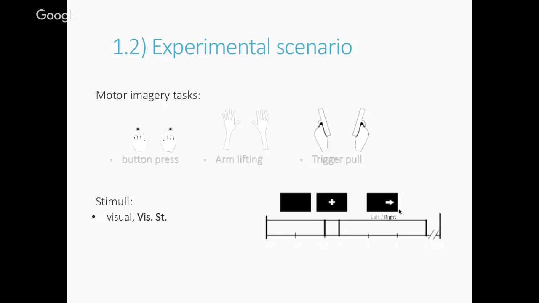These were investigated separately. Visual stimuli, as it can be shown here with the visual arrows, or the visual attentional cue. Visual auditory, where only the attentional cue was replaced by a beep. And then voice stimuli.